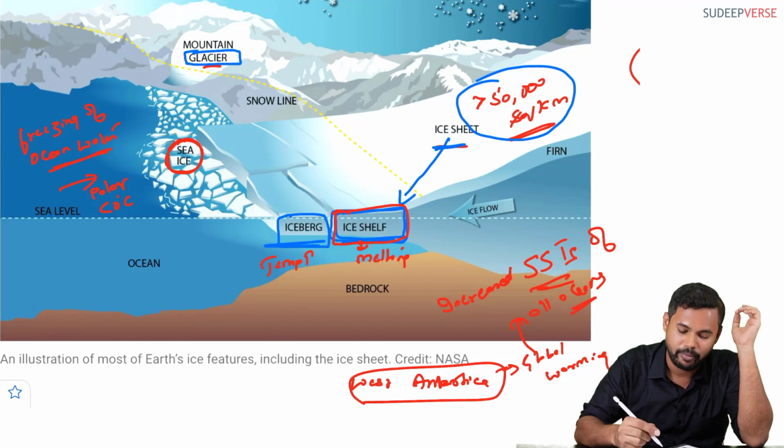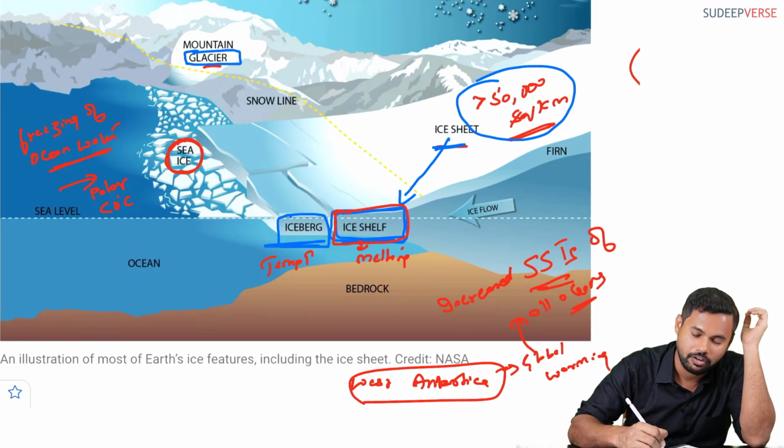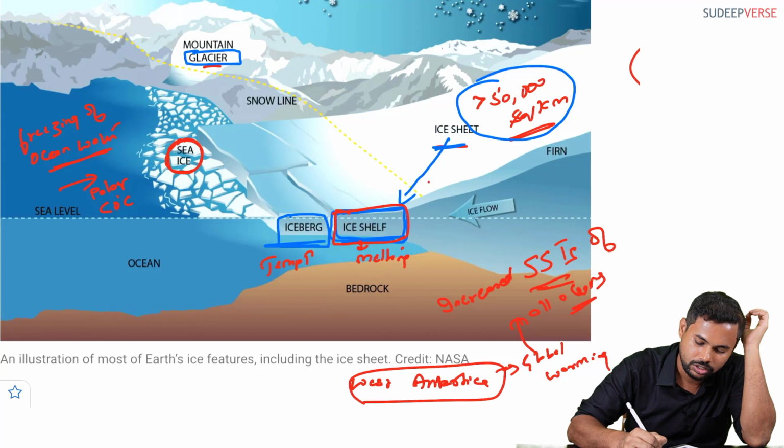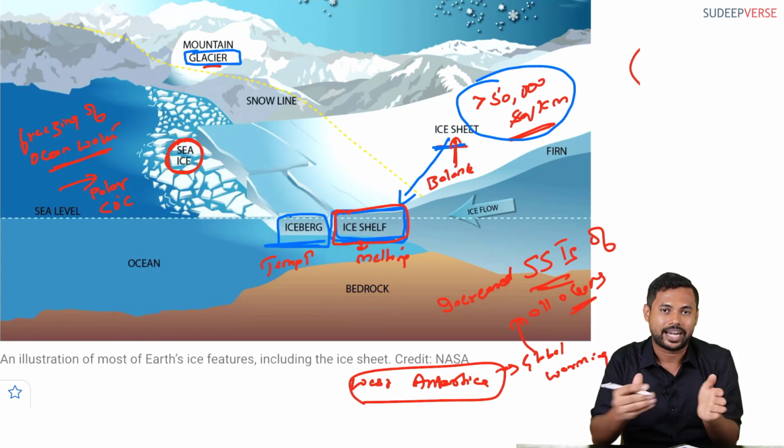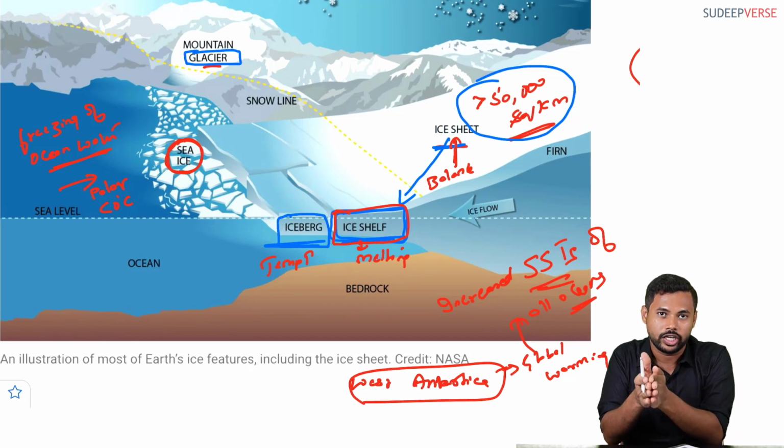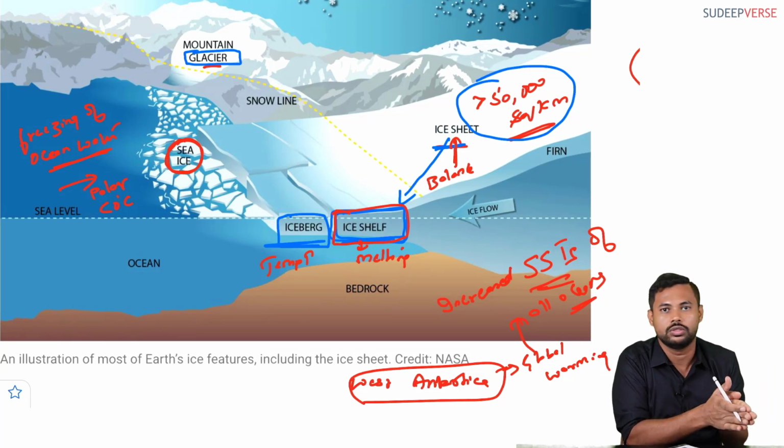So when the ice shelf melts, all this while the ice shelf was providing a balance to the ice sheet. That is, it was acting as a balance for the ice sheet to move slowly down the slope.